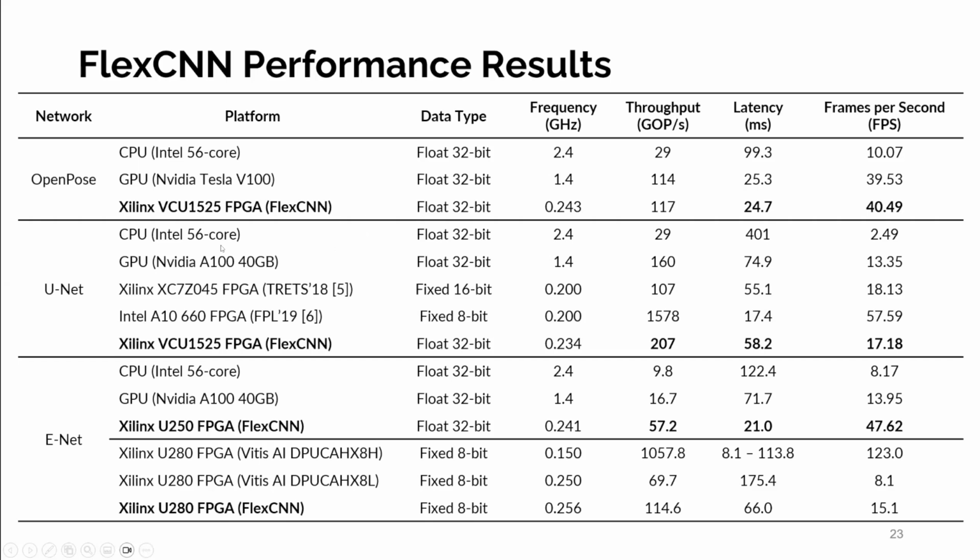And then the UNet is a famous CNN used for medical imaging and segmentation. We also compared it with CPU and GPU on 2 prior works, although the prior works are using fixed 16-bit data types and fixed 8-bit data types.